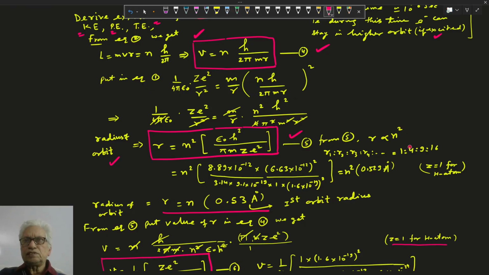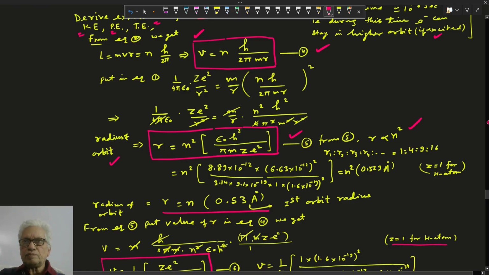From 5, the quantity inside the bracket is constant, so r is directly proportional to n square. The ratio of radii for n equal to 1, 2, 3, 4, etc. is 1, 4, 9, 16, 25.